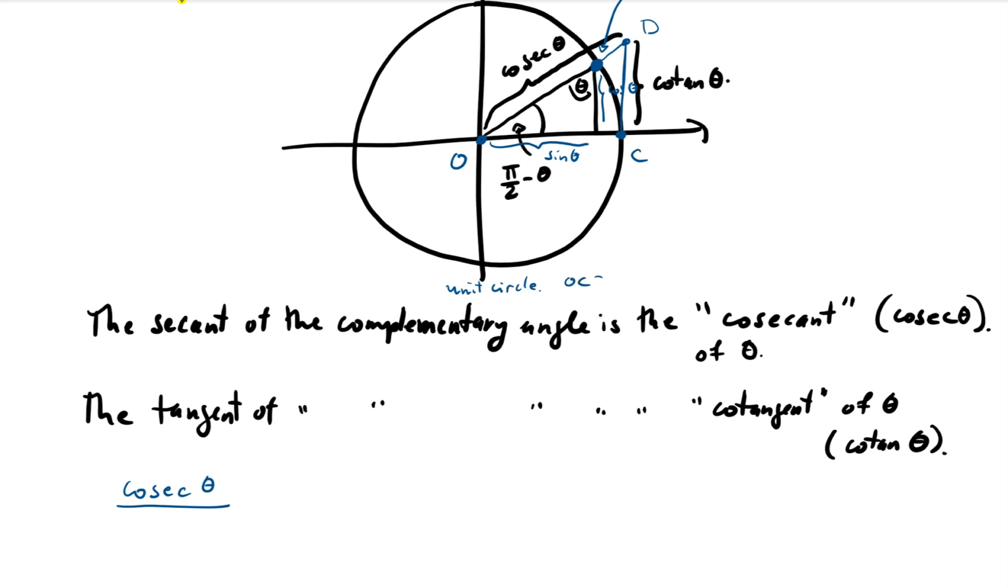So cosecant of theta, the hypotenuse of the large triangle over its base OC, is in the same ratio as the hypotenuse of the smaller triangle over its base, which is sine of theta. Since OC is 1, cosecant of theta is 1 over sine theta.